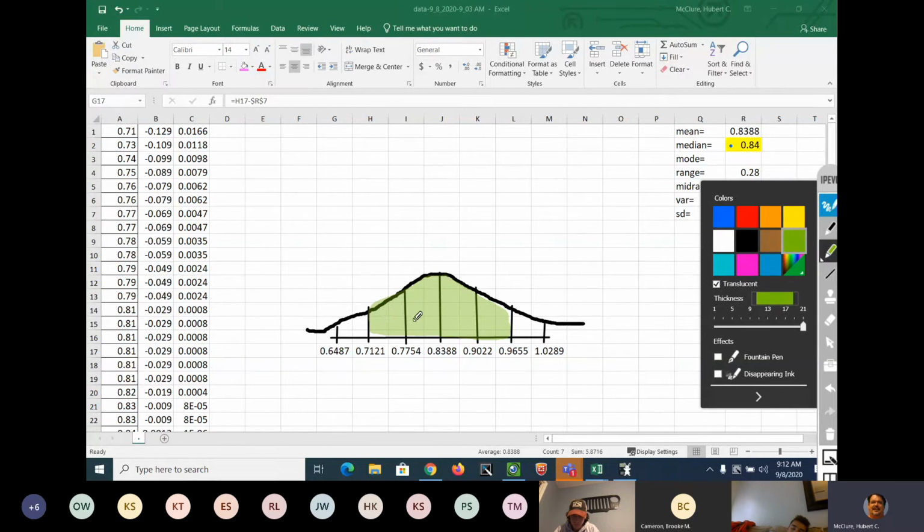Okay, and our red is our outlier. And our blue is unusual. So by the empirical rule, our outliers are at 0.6487 and 1.0289. But our interquartile range may be a little bit different.